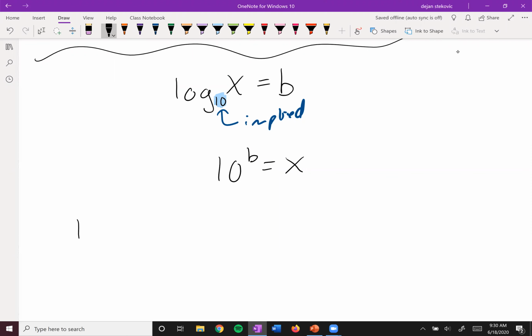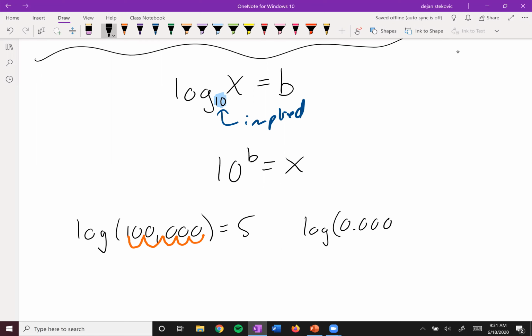For example, the log of 100,000, it's really just about how many decimal places you move over, right? We can move over 1, 2, 3, 4, 5 decimal places to get just one number in our ones place. And so the log here is going to be equal to 5. Same thing when you talk about very small numbers, so log of 0.00001.